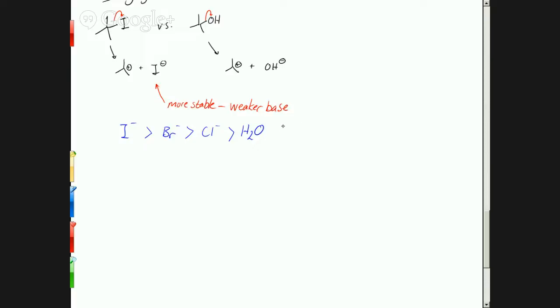And then much weaker than that are leaving groups where the negative charge is not well stabilized. So things like OH minus, CH3O minus, NH2 minus, that kind of stuff.